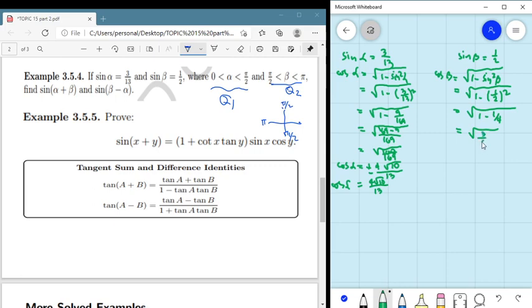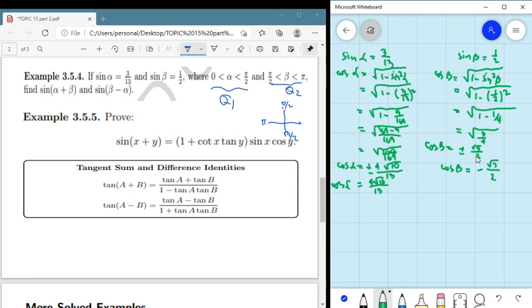Square root of 3/4. So plus or minus the square root of 3 all over 2. Since beta is in quadrant 2, cosine there is negative. So cosine beta is equal to negative square root of 3 over 2.